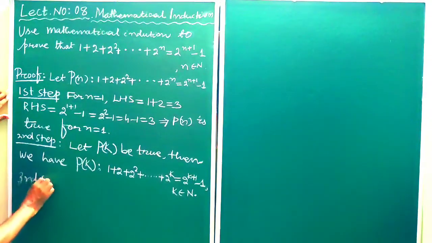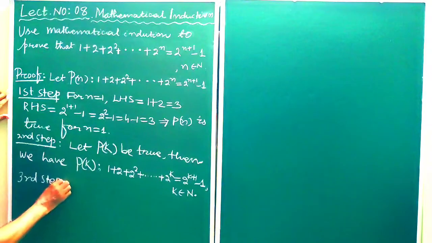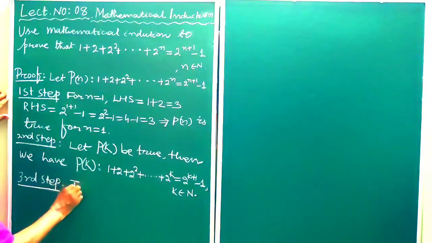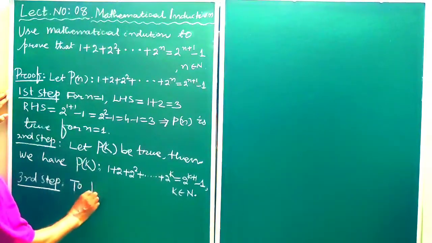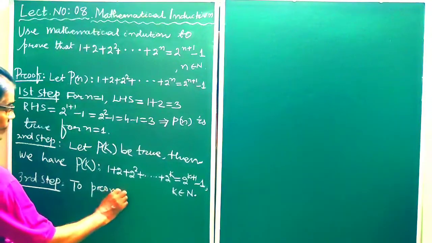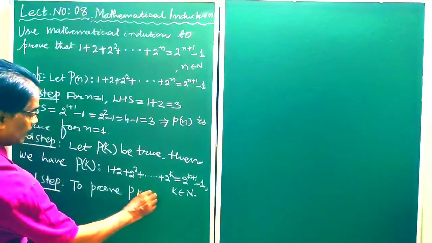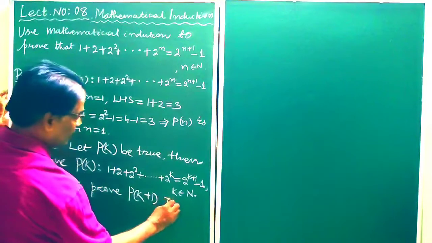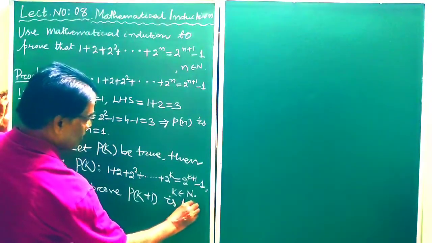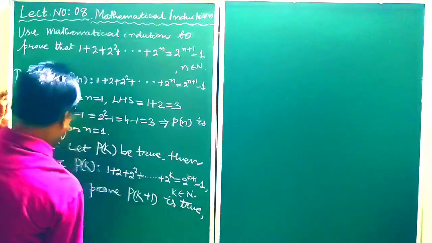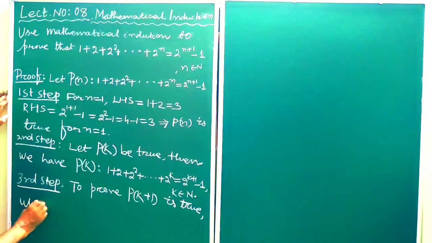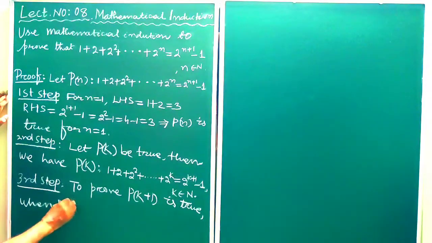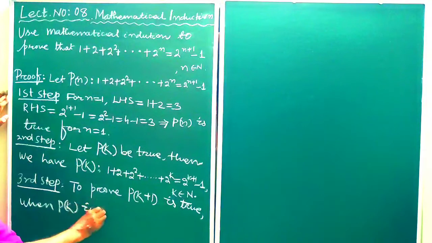Now, third step. In this step, we have to prove P(k+1) is true when P(k) is true.